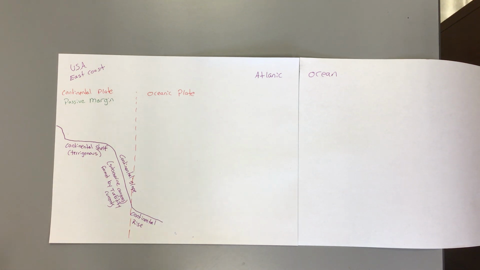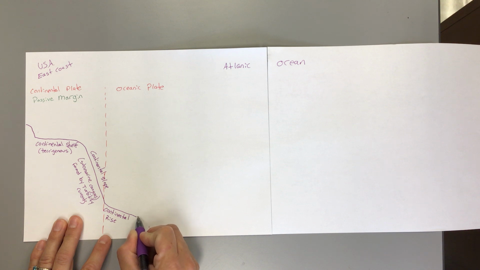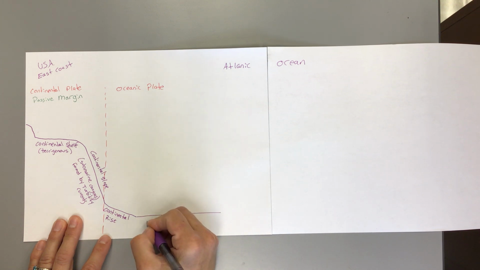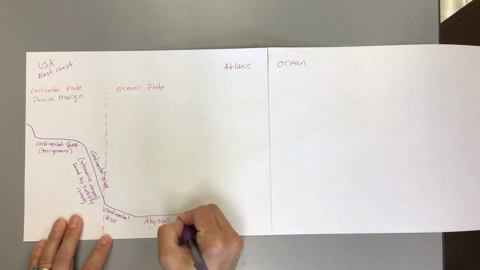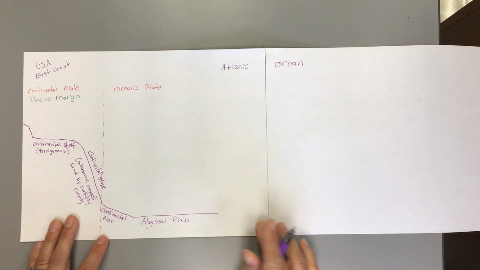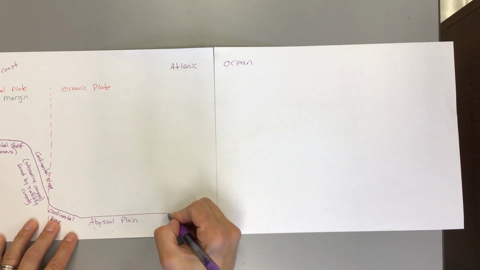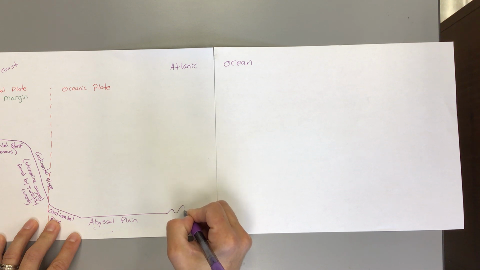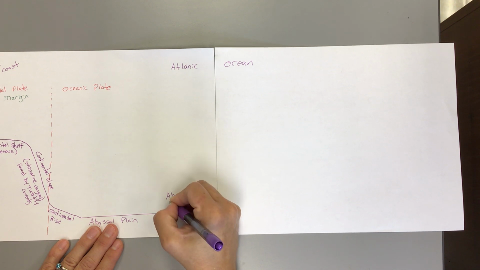Okay, moving on our journey. After the continental rise, we have the abyssal plain. After the abyssal plain, we'll start to get some bumps. We call these abyssal hills.